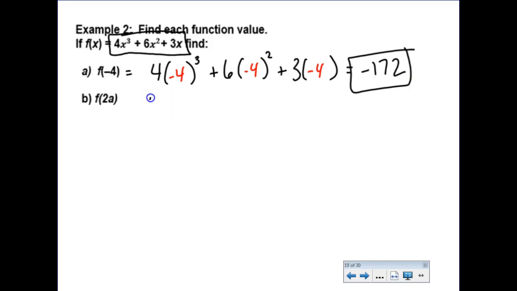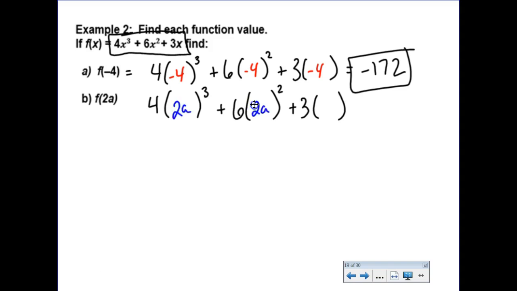So similar here, guys, but this time you're going to be kind of out of luck on your calculator because we're not substituting in just a value. We're substituting in an algebraic expression. So if you're plugging in a 2a this time, you have to use your thinker a little bit here, guys. Let's talk about order of operations. You have to perform the exponent first. So 2a to the 3rd power is going to be an 8a to the 3rd.